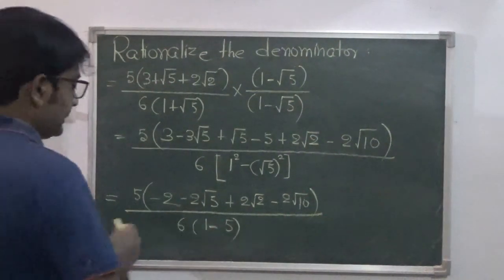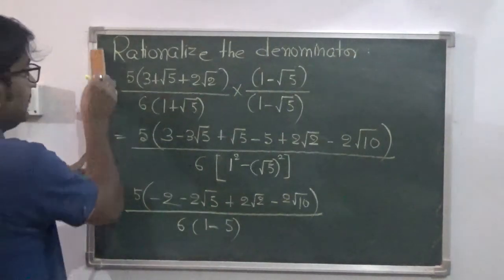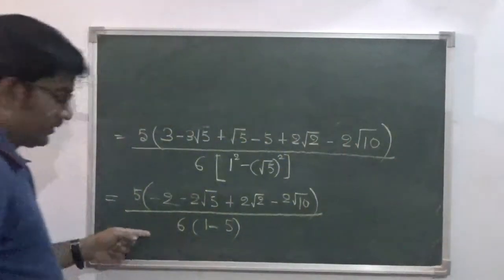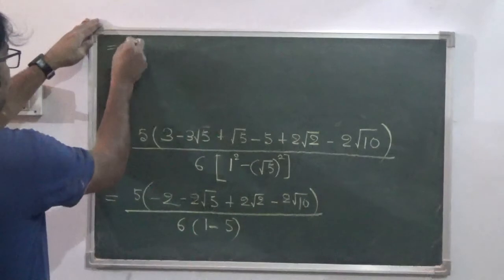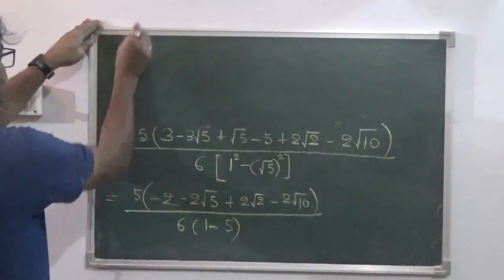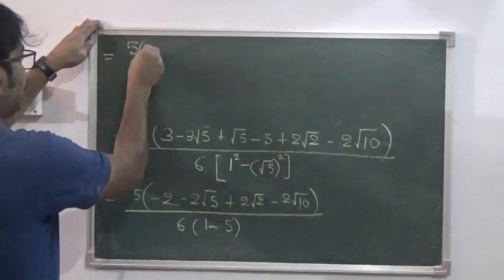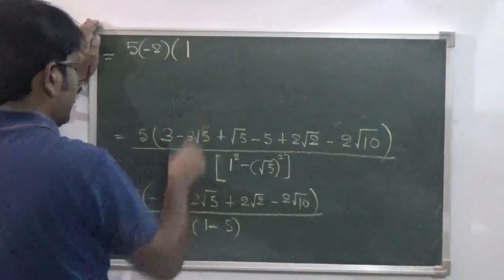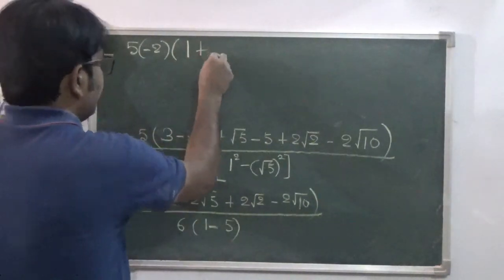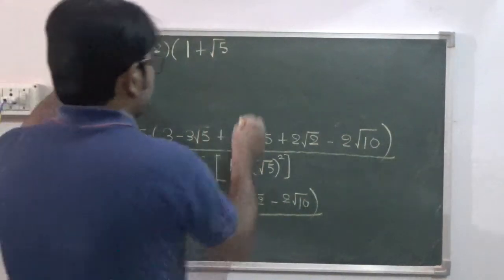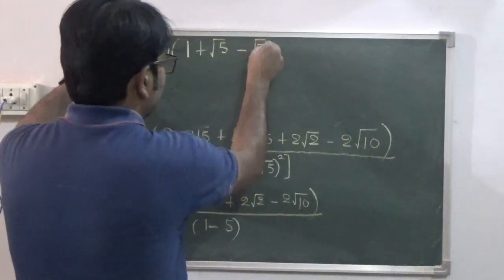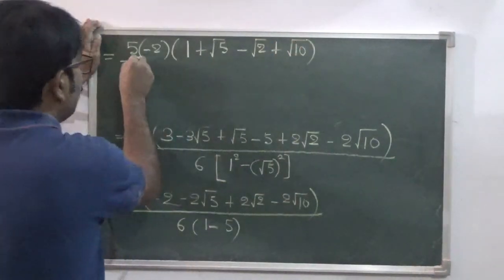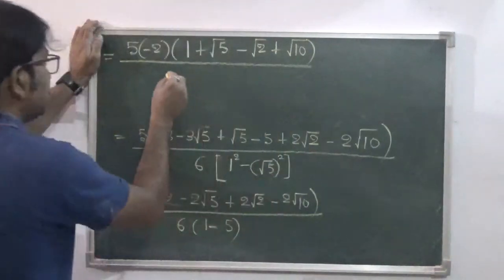So from here again I move on to, I am rubbing this portion again. So from here we are coming to 5 into, from minus 2 if you take common, what you are left with? Left with 1 plus root 5 minus root 2 plus root 10 and divided by 6 into minus 4.